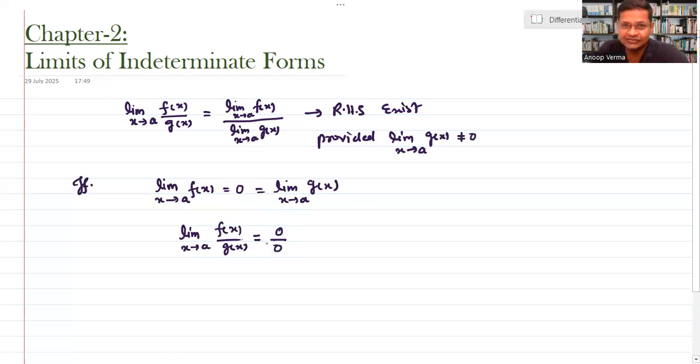One thing we know is that division by 0 is not defined. So this 0 upon 0 is meaningless.